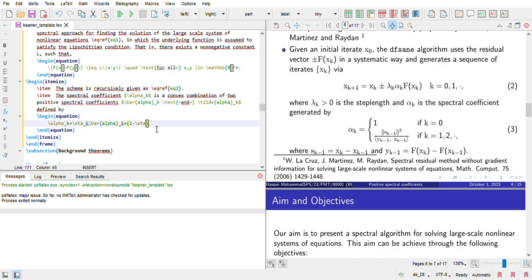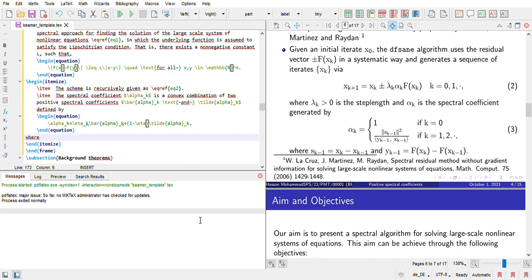So again, we have to define what this alpha tilde and alpha bar are. Yes, so we start with alpha bar, and then alpha k tilde.